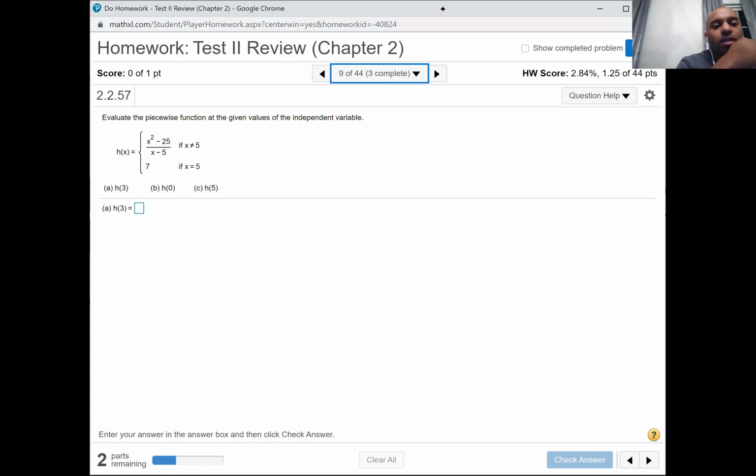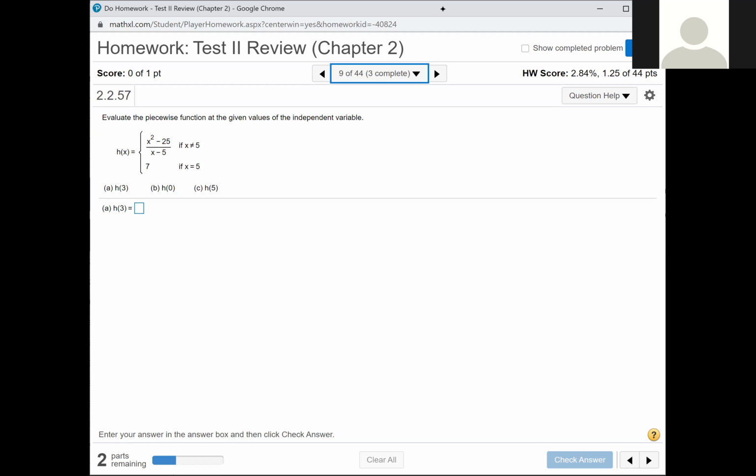So I understand how we would plug the 3 in for the x on the first one, but then when I would get my answer, if it was equal to 5, I would put in 7 because that's what I thought it was saying, but then it kept counting it wrong. So could you just go through one of them so I could understand? Okay. Now, do you want me to do the one that you have specifically, or the one that you're looking at right now on the screen? We can do the one on the screen.